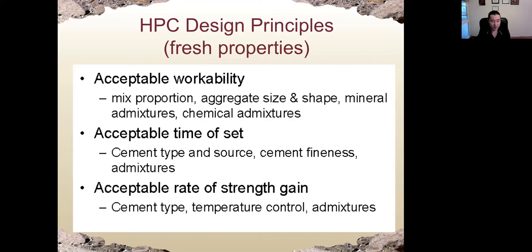And also acceptable rate of strength gain, depending on your requirement. We can control that from type of cement, temperature control, if we can do that, and also admixtures, such as accelerators and retarders.